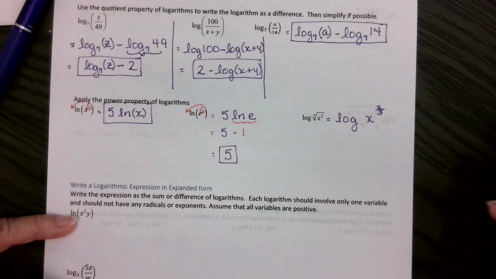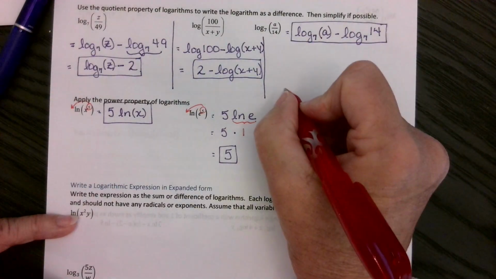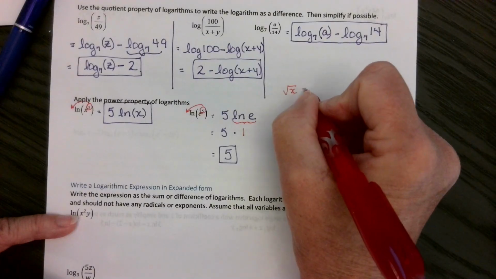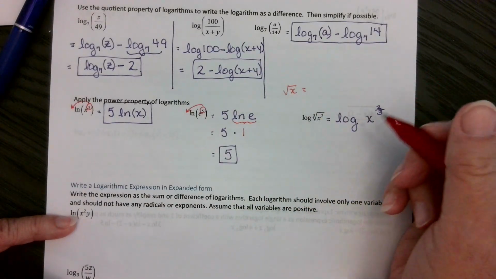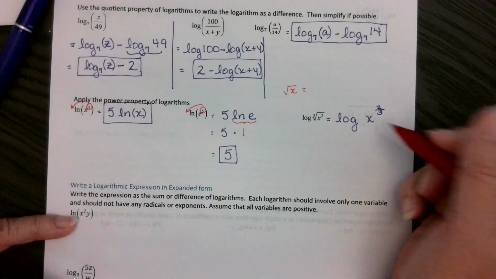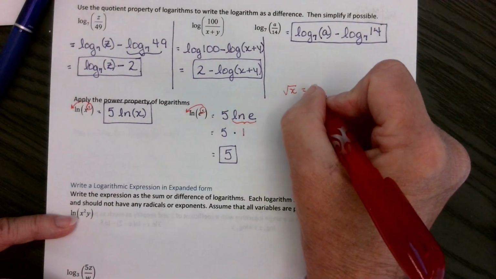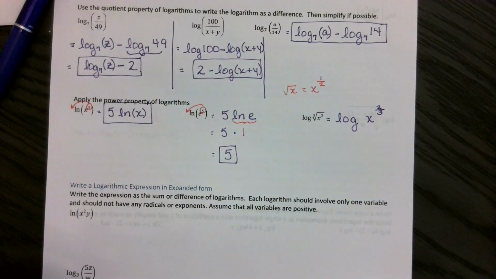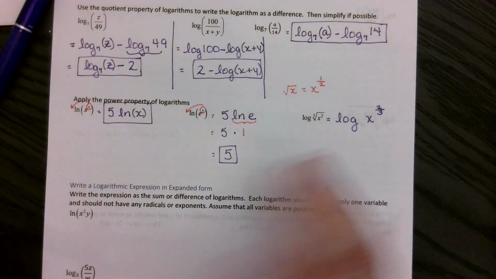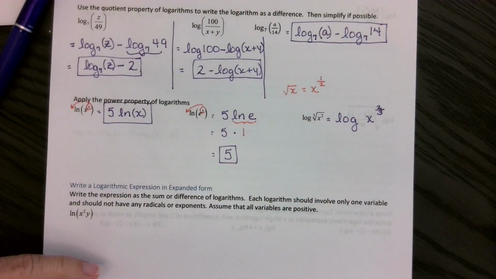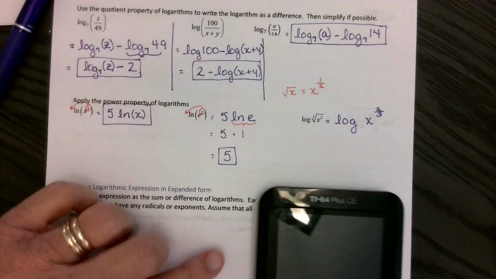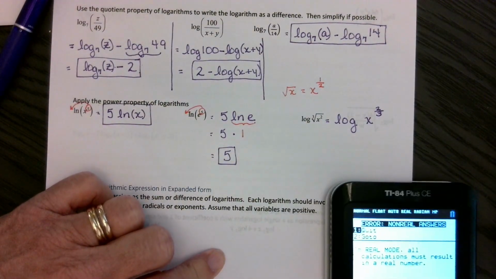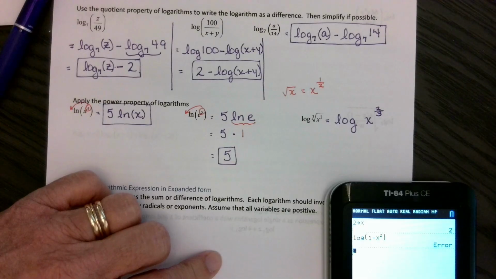If you had something like the square root of x, and you needed to write that without the root and with a fractional exponent, this is x to the 1/2, okay? You should know this one in general, period, because taking the square root of something, hold on, I'll show you.